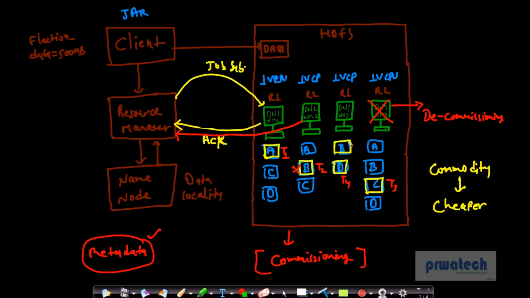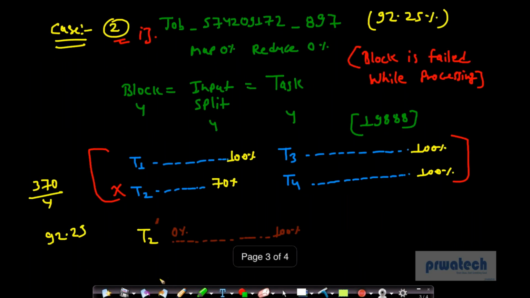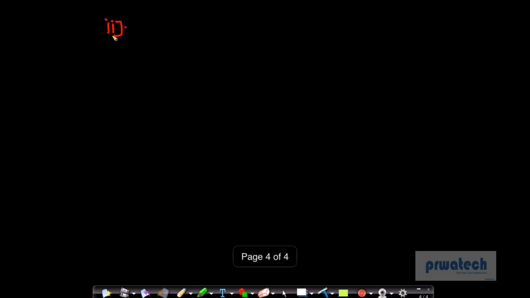Okay, so both the situations are clear: if node is failing or if task is failing, what will happen? Now there is a third case also. There are actually many cases.